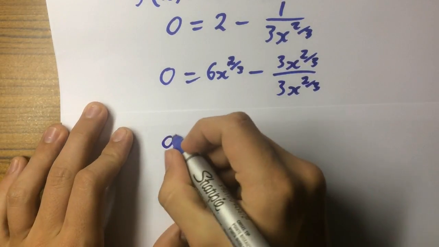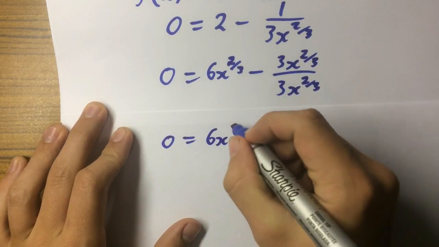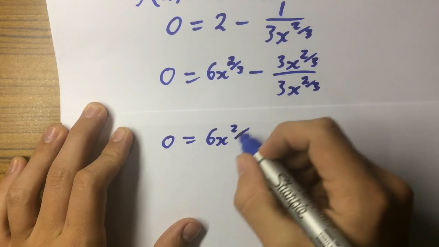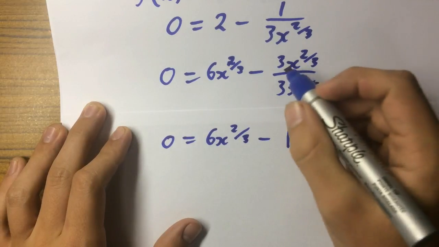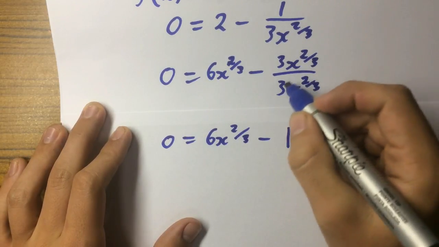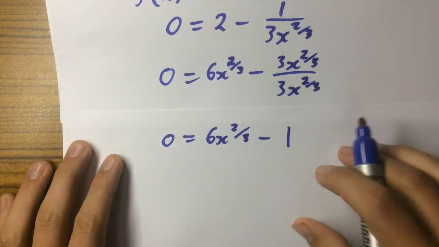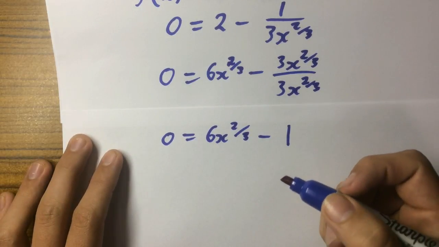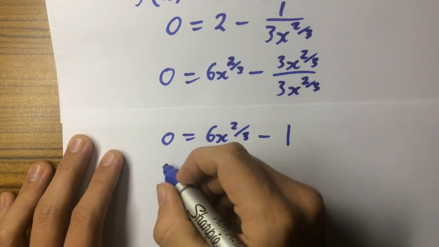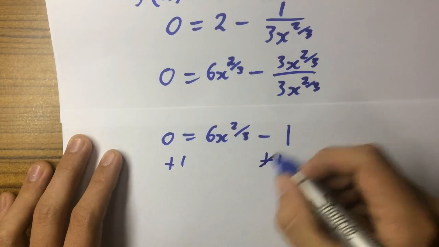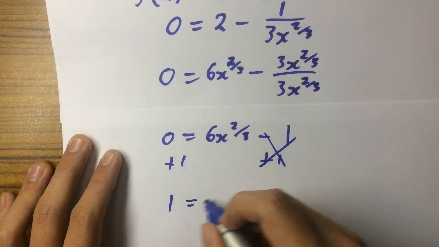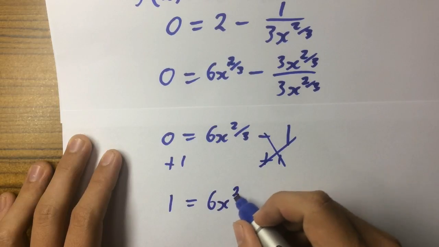So what we're left with is 0 equals 6x to the power of 2 on 3 minus, well, this equals 1, because it's that thing divided by the exact same thing, so it's one whole. Add 1 to both sides, that'll cancel out, and we have 1 equals 6x to the power of 2 on 3.